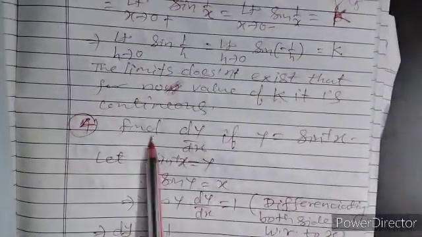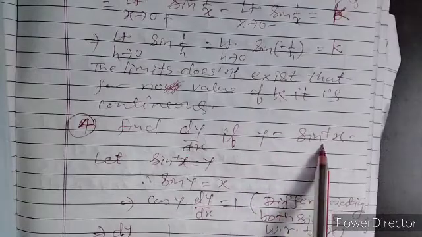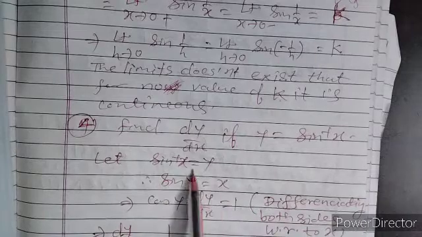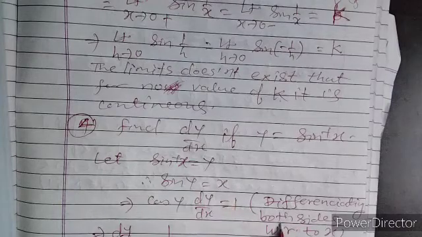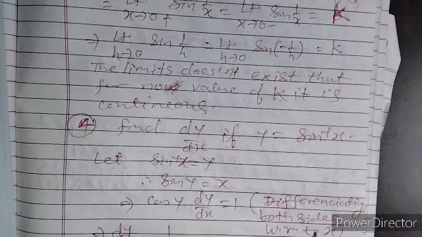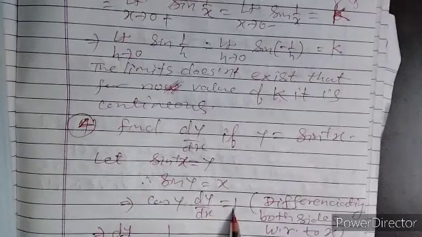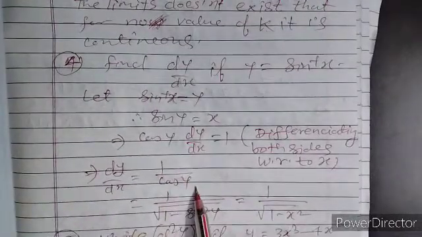Now you have to find dy/dx if y = sin inverse x. Since y = sin inverse x, then sin y = x. Differentiating both sides with respect to x, you will get cos y times dy/dx equal to 1. So dy/dx is 1/cos y.